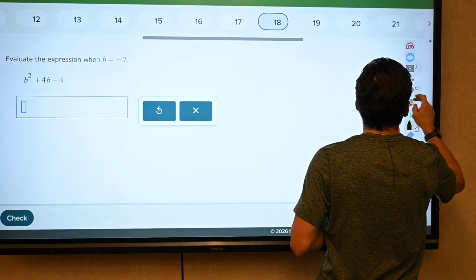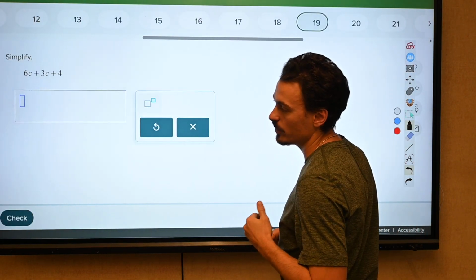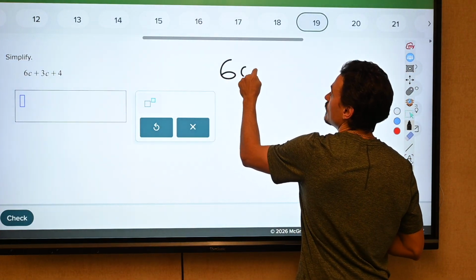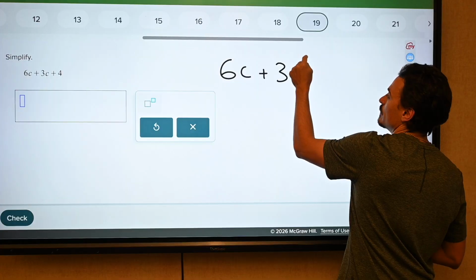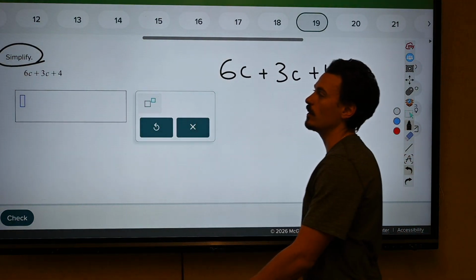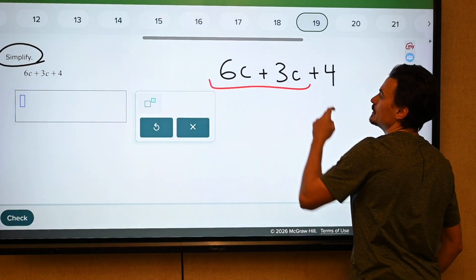We're starting with number 19. And I'm going to do 19, 20, 22, 23, 24, 25, 26, 28. We got 6c plus 3c plus 4, and it wants us to simplify. Right here, I got 6c's plus 3c's.